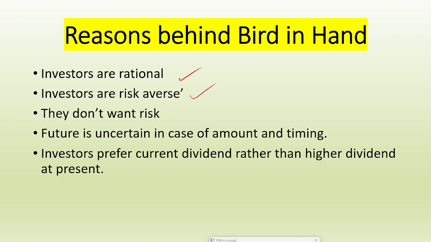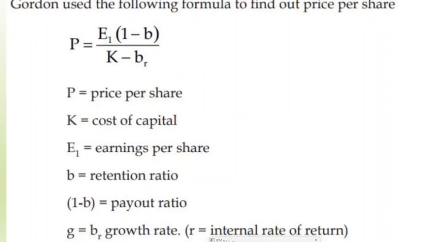So this is another reason, and investors prefer current dividend rather than a higher dividend later. Whatever they get in the present, either more or less, they will take that dividend only.